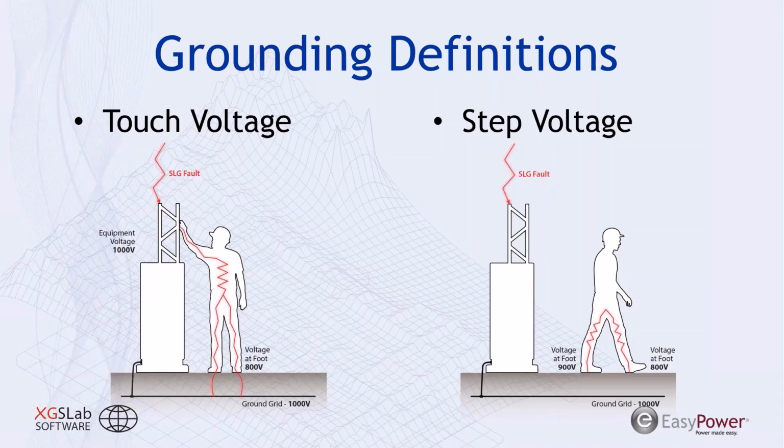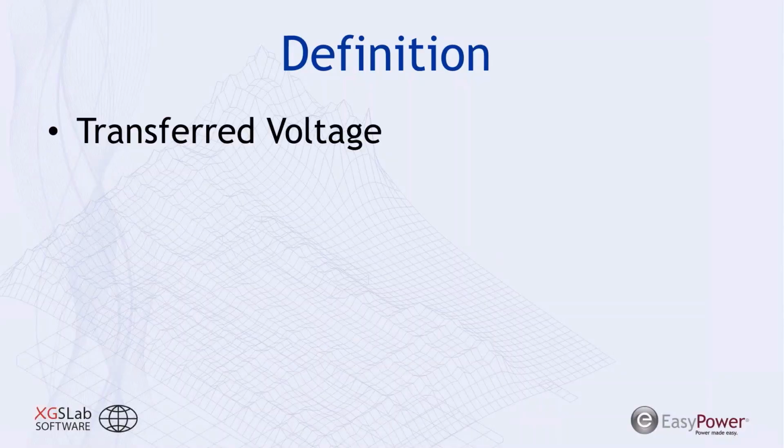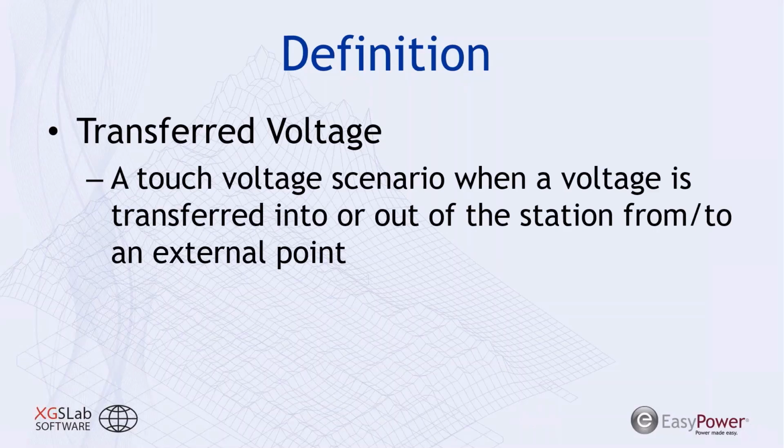So now the question becomes, what is a transfer voltage and why are we on this webinar this morning? Well, transfer voltage is really a touch voltage scenario that is transferred into or transferred out from a station to some other entity.